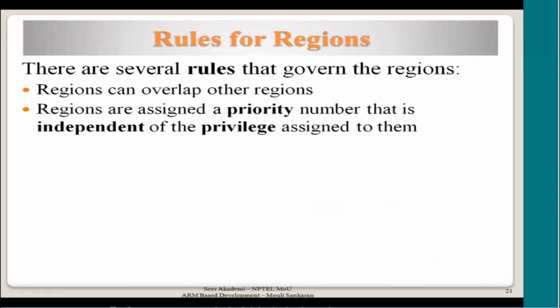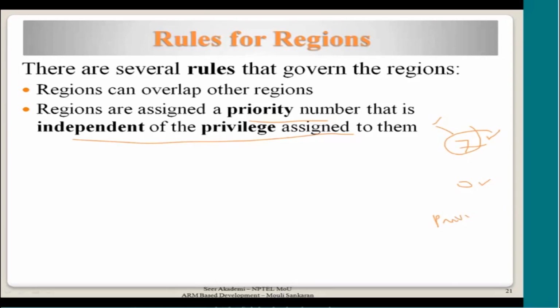Regions are assigned a priority number that is independent of the privilege assigned to them. Privilege is user mode or privileged mode, but the priority number is the region number which we are giving. If the number is higher, then it has higher priority. So 0 to 7 are the regions. This one will have priority higher than this one, but privilege is different.